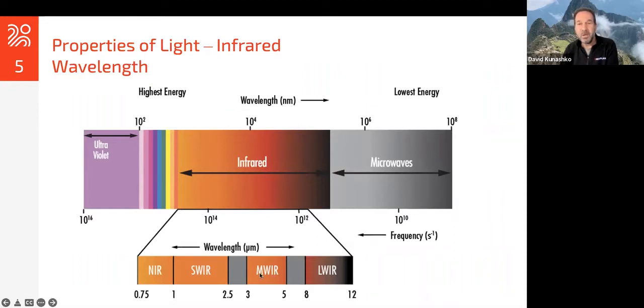Now, it's interesting to note that many of you might be familiar with things like infrared saunas or infrared heating lamps. And this infrared is true, but the wavelengths there tend to be in that short wave infrared, a little bit longer. The idea there is that the energy causes heat in the body.